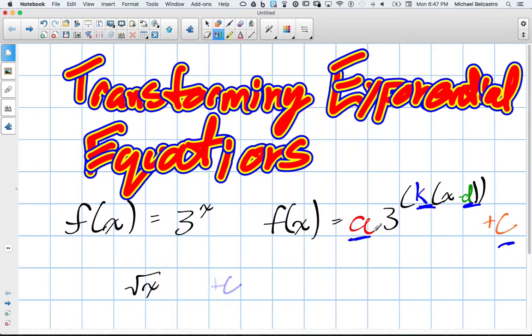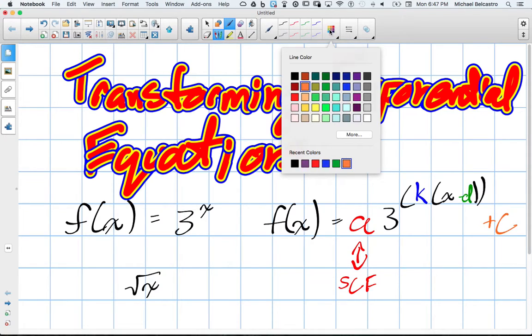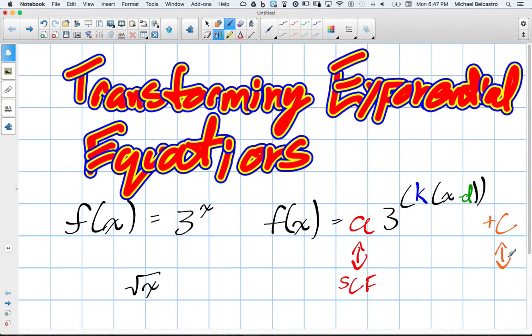Okay, so your a value is going to be vertical stretches, compressions, and flips too. If it's a negative value, it's going to flip it over the x-axis. And our c value is going to be vertical translations. So plus goes up and negative goes down, okay?